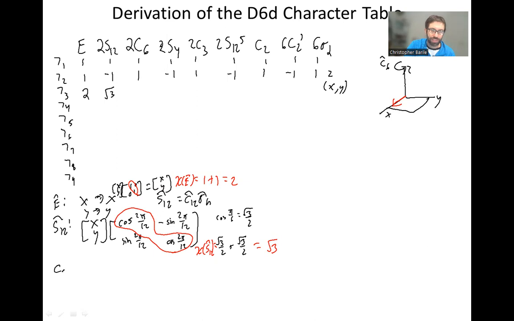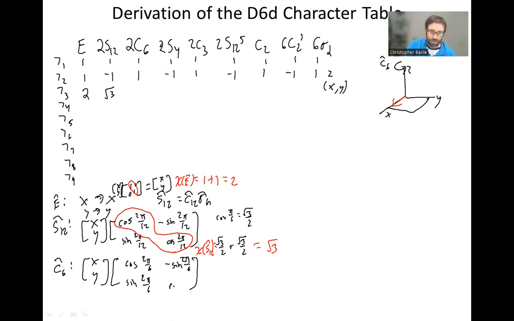Now we move on to C6. C6, well, it's just 60 degrees of rotation. So again, we use our rotation matrix. Now it's not going to be 2 pi over 12, but it's going to be 2 pi over 6, which is, of course, pi over 3. But everything else with our formula stays the same.